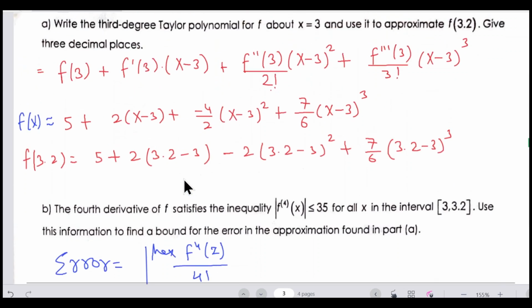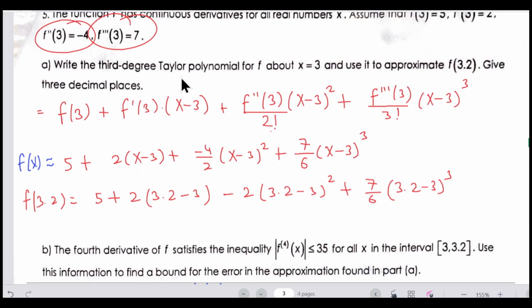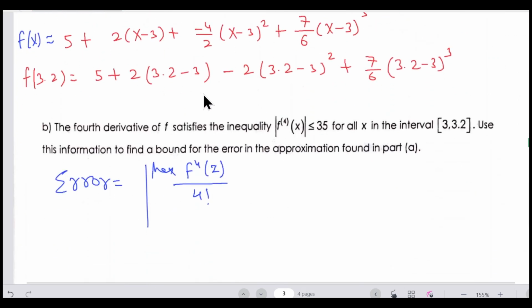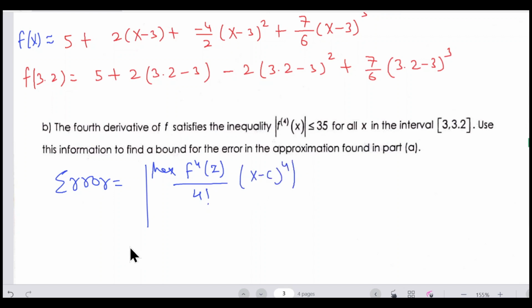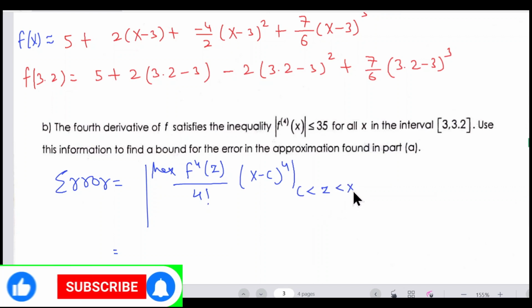Why am I doing the fourth derivative? Because it's a third degree Taylor polynomial, so the error always takes one more than that number. And then x minus c raised to 4 is going to look like this. Now what is the maximum value? And of course, z is between c and x. I know that x is 3. That's what we are finding this about.